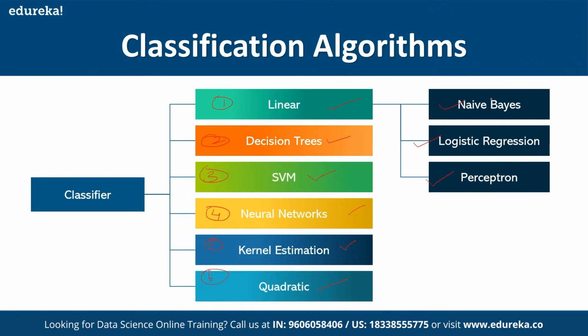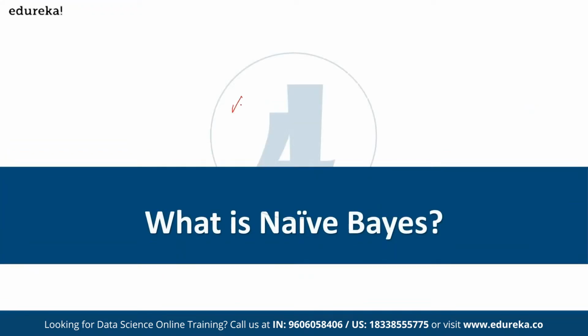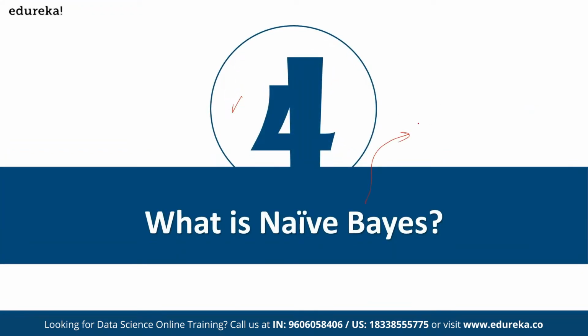Today we are going to learn about Naive Bayes. This is the thing we are going to learn about. So what is Naive Bayes in short? Naive Bayes is an algorithm used for classification. Or if I can give a statement, the Naive Bayes algorithm is used for solving classification machine learning problems.